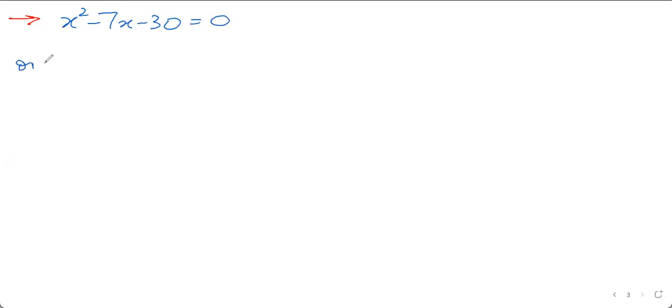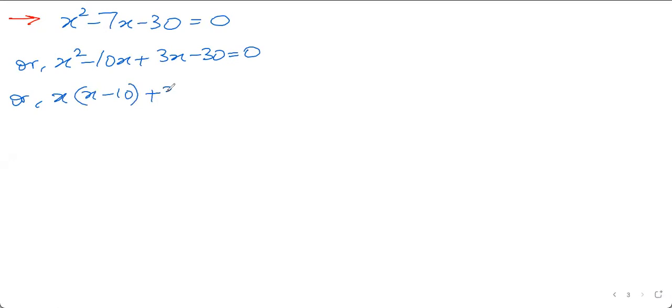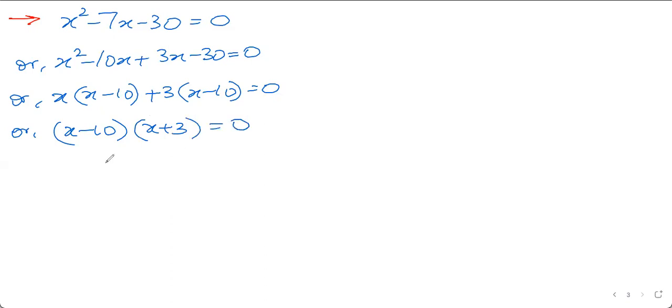So I am going ahead with the factorization method. x square minus 10x plus 3x minus 30 equals 0. x is common, x minus 10, plus 3 is common, x minus 10. x minus 10 is common, so remaining is x plus 3, which equals 0. This implies when x minus 10 is equal to 0, x will be 10, and when x plus 3 equals 0, x will be minus 3.